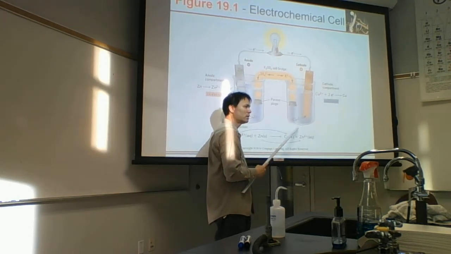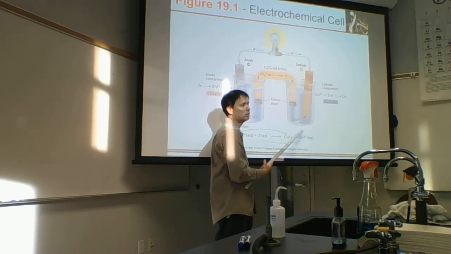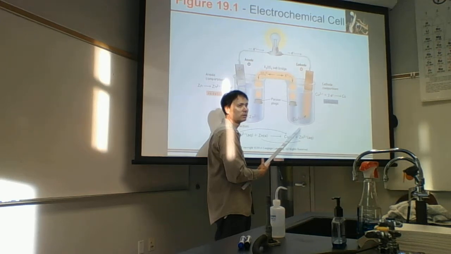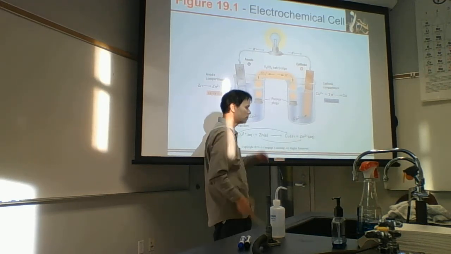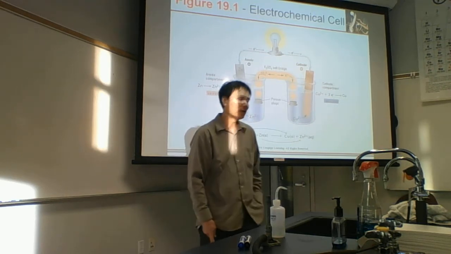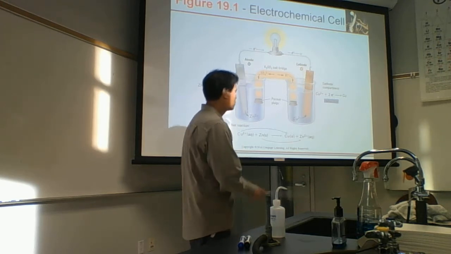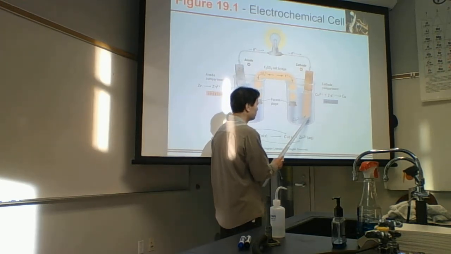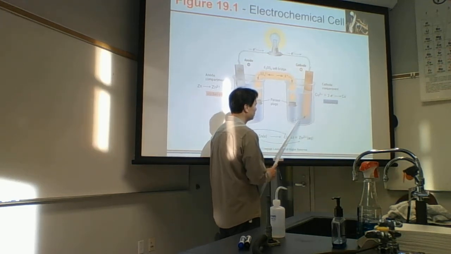Will copper 2 take electrons from copper metal? It could, but if it did, it would form copper metal and copper 2. So there'd be no change, and copper 2 is not going to oxidize copper metal. There's nothing it can take electrons from here.